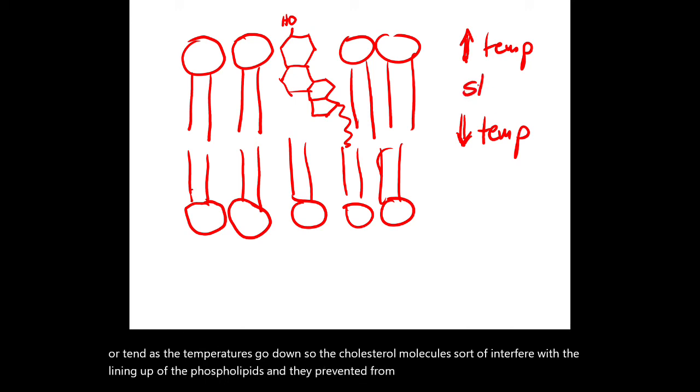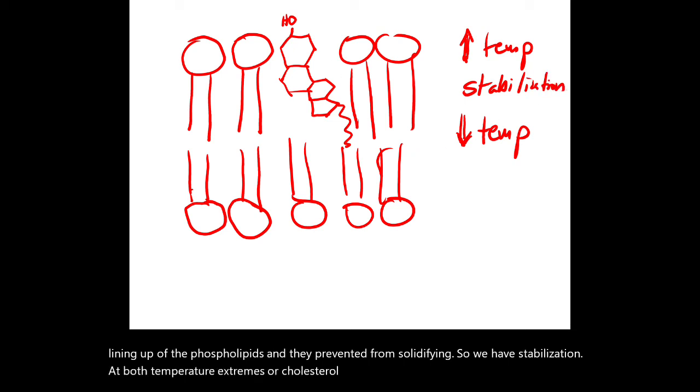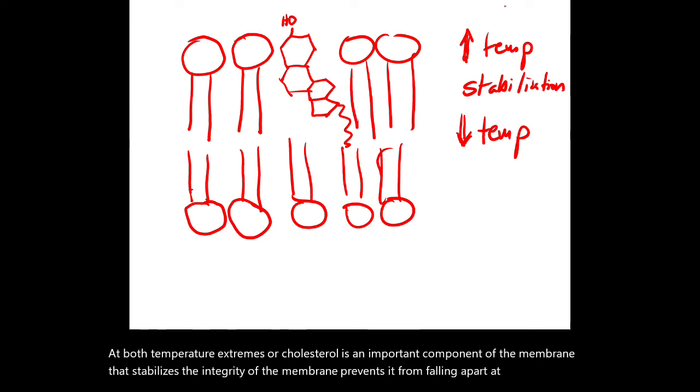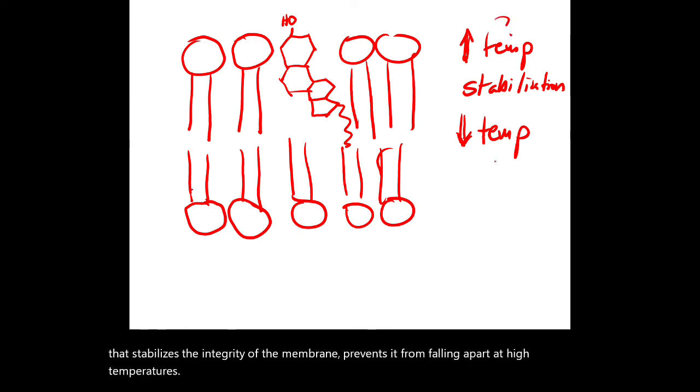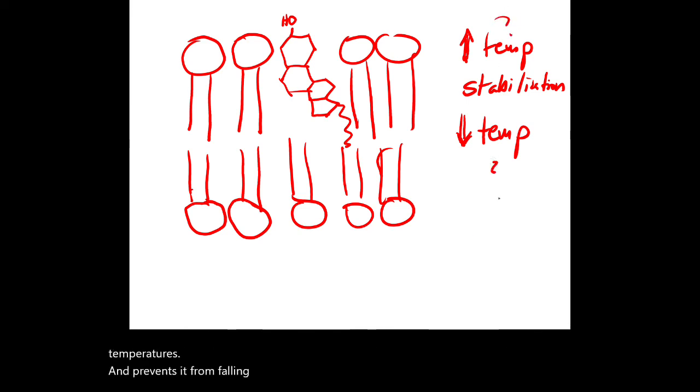So we have stabilization at both temperature extremes. So cholesterol is an important component of the membrane that stabilizes the integrity of the membrane, prevents it from falling apart at high temperatures, and prevents it from freezing at low temperatures.